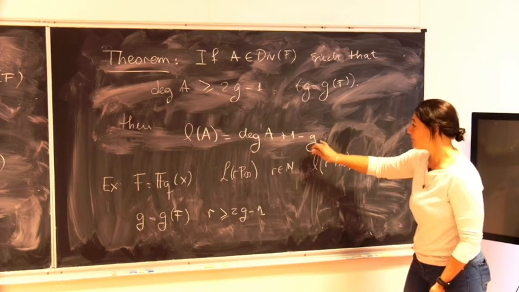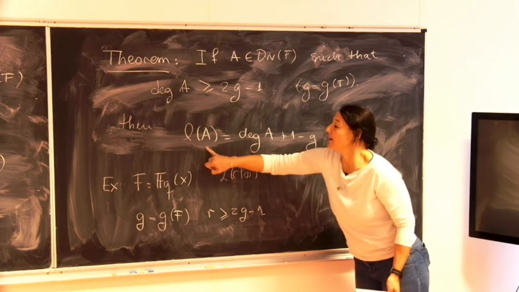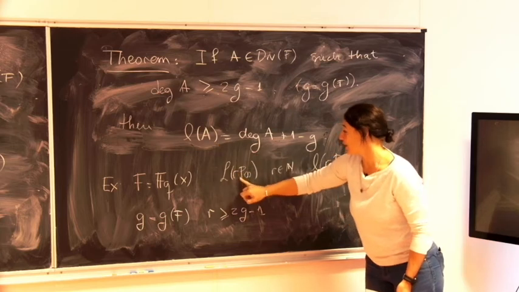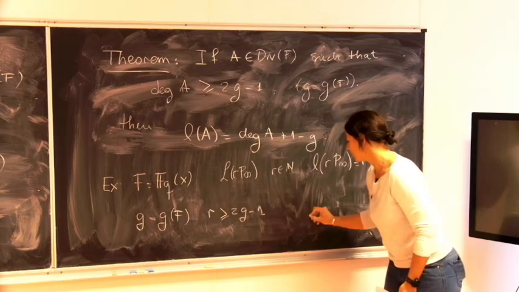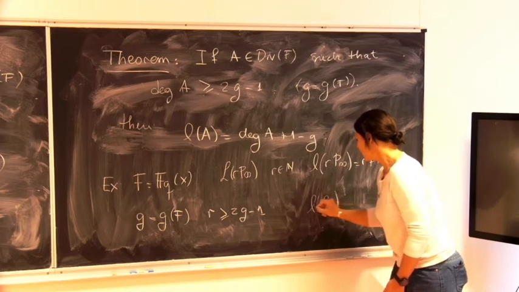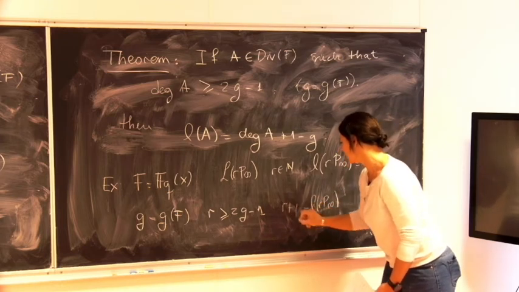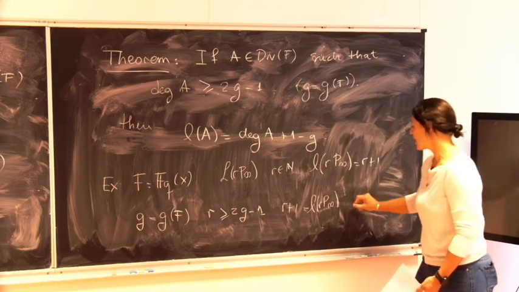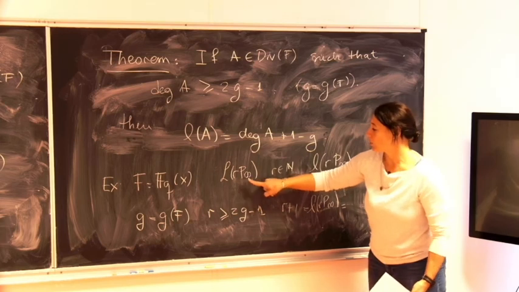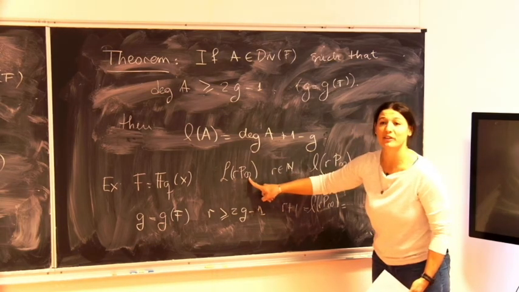So what we have is that the dimension of the divisor L of R P infinity, which is R plus 1, because I computed this already, is exactly the degree of the divisor, which is R times the degree of P infinity, which is 1.